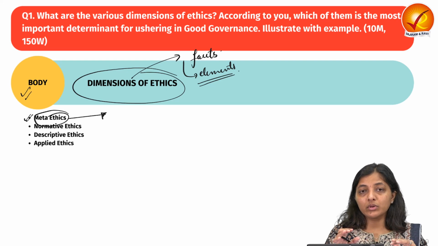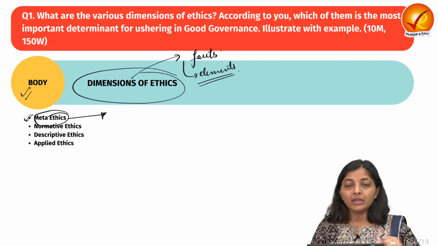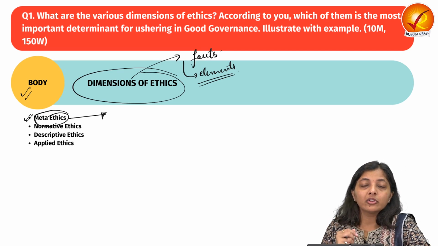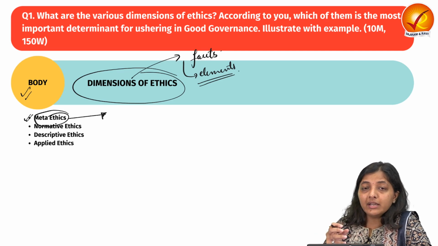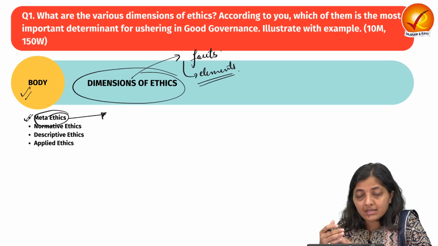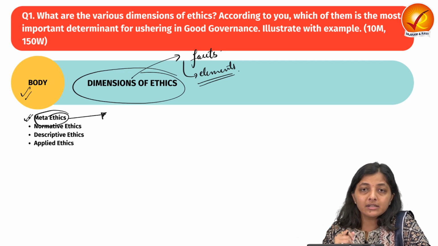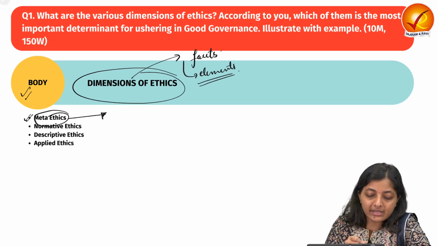It deals with questions like whether we have to follow ethical behavior or not, what is the use or benefit of being ethical. Are ethics from worldly affairs or a godly affair? Who has made ethics? What are the standards? How should we follow them? These fundamental questions are dealt with in meta-ethics.